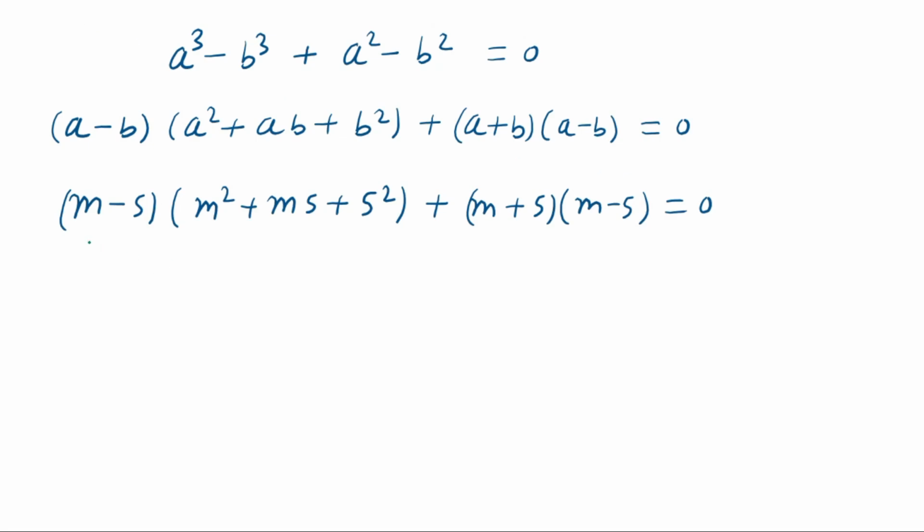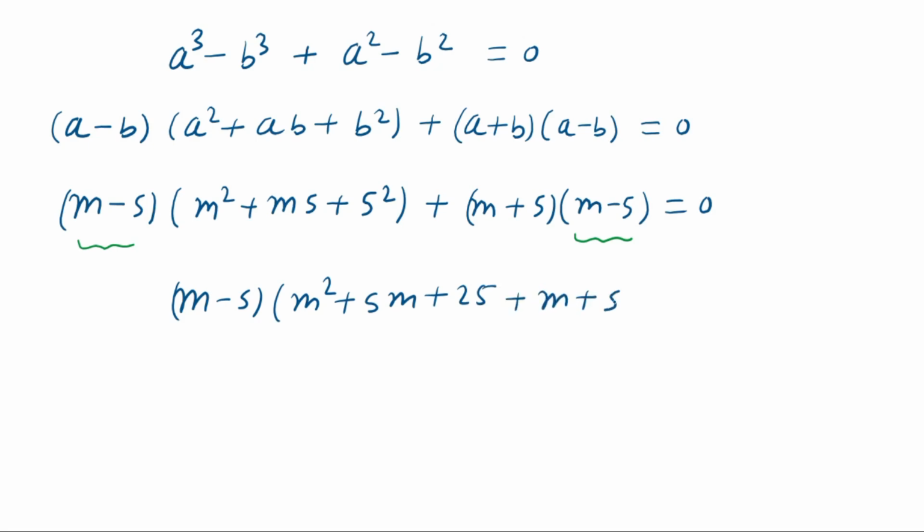Look carefully here, m - 5 is a common factor on the left hand side, so if we take m - 5 common, then you will get (m - 5)(m^2 + 5m + 25 + m + 5) = 0. So (m - 5)(m^2 + 6m + 30) = 0.